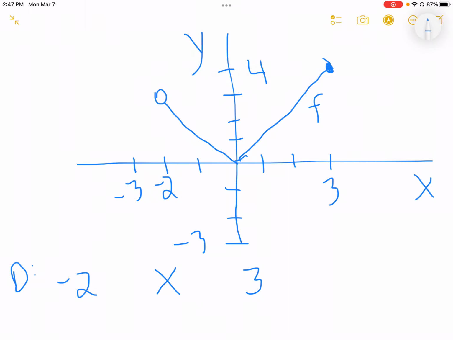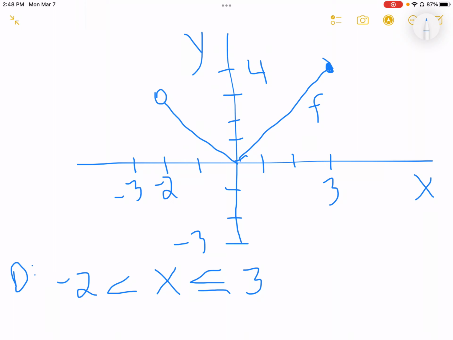These values don't include -2 because of this open circle here, so we'd say that x is greater than -2. But once we get up to 3 on this very right side, our x value could be equal to 3, so x is less than or equal to 3.